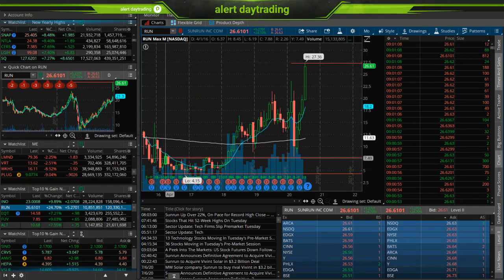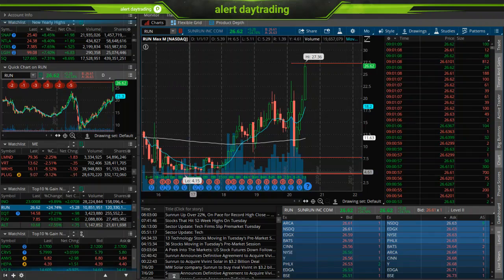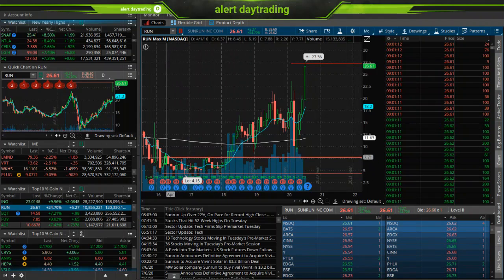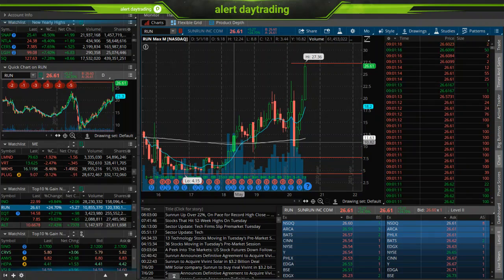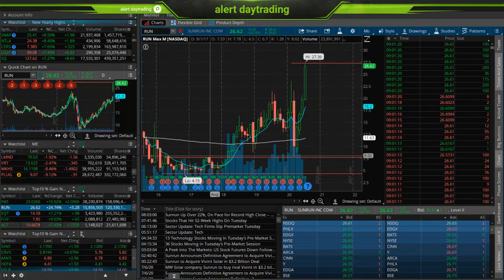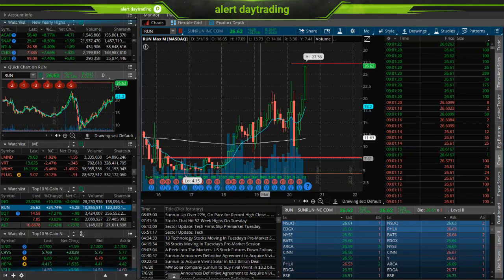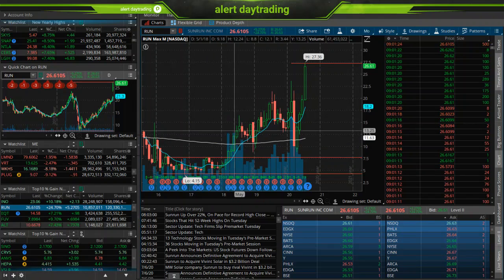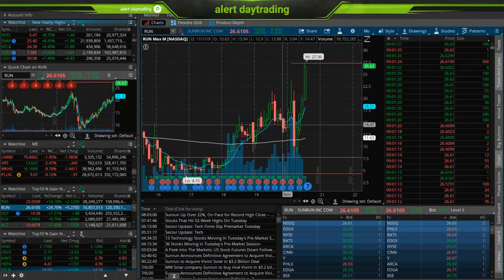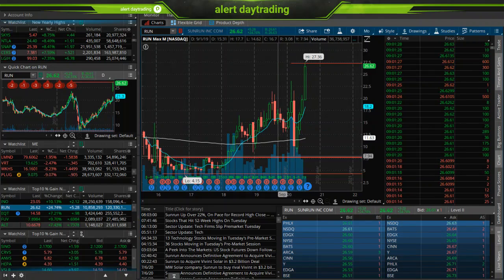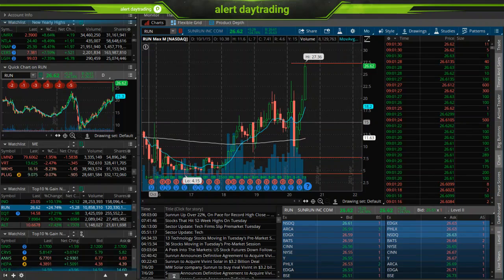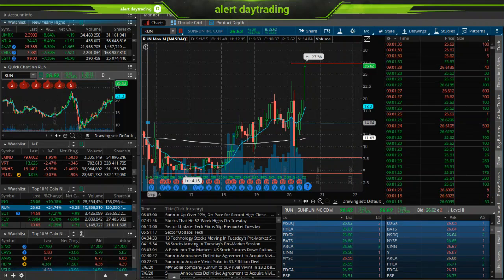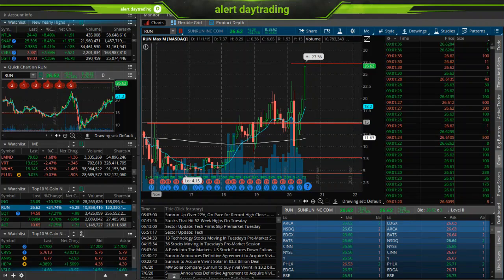So in a way, this held as support and this was resistance. Then as price broke above, this no longer became a resistance level, and it ultimately held as a support level.